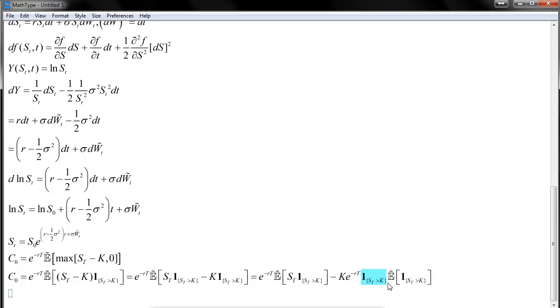Okay, well, honestly, just to tell you, this one is really very simple to solve, because this is just a probability of St being greater than K. So this one is really very easy, but this one is more demanding, and we will need to use one more measure change.